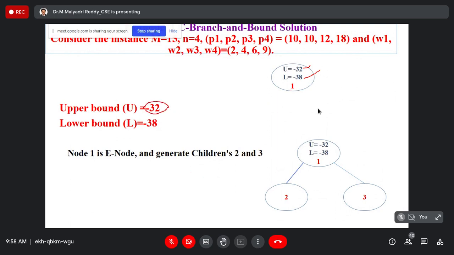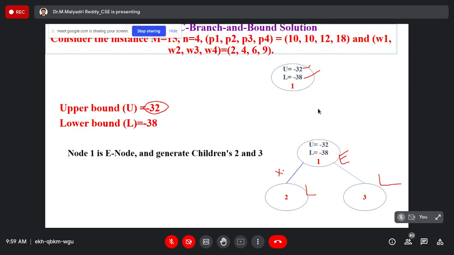Next, when it becomes an E node, that means it is ready to generate children. It generates two live nodes.